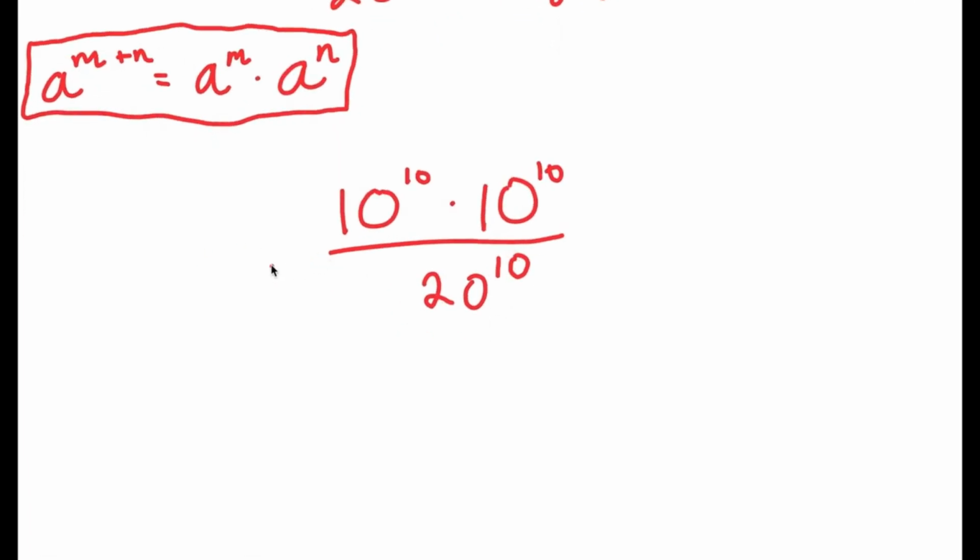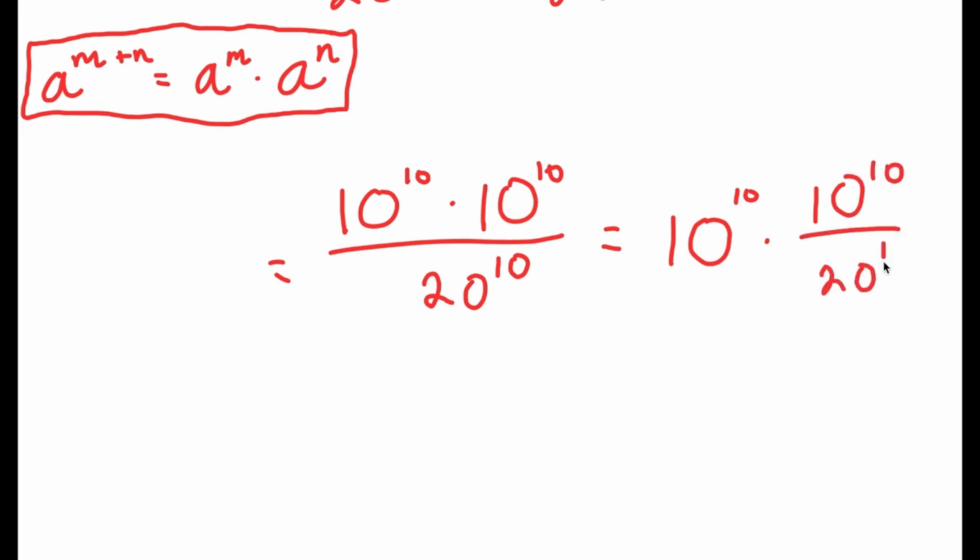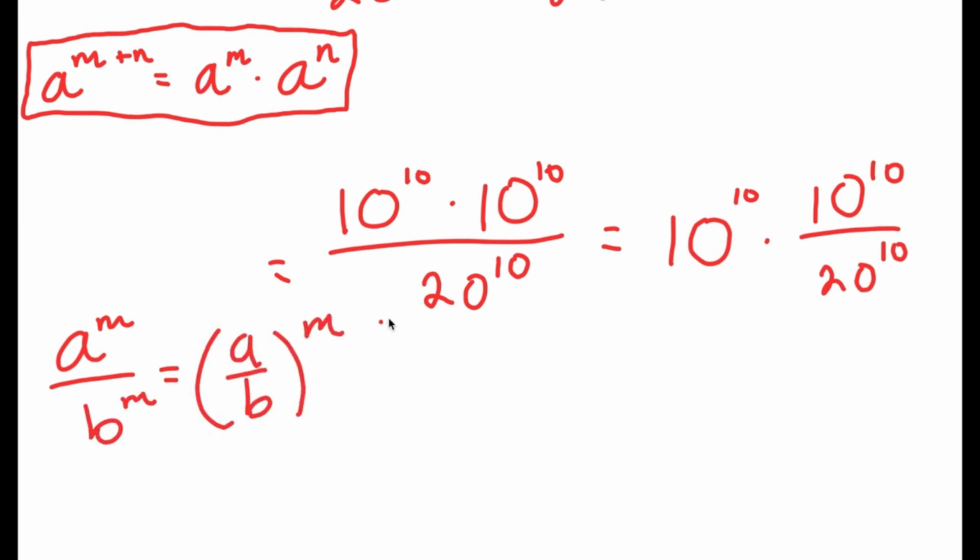Now, this can be written as 10^10 times (10^10 over 20^10). All I did was group 10^10 over 20^10, because this way I can use the property a^m over b^m is equal to (a/b)^m.